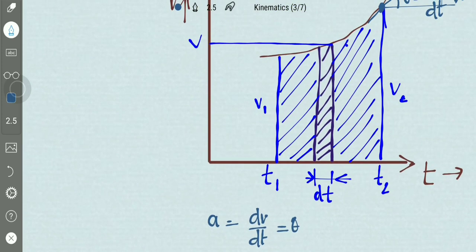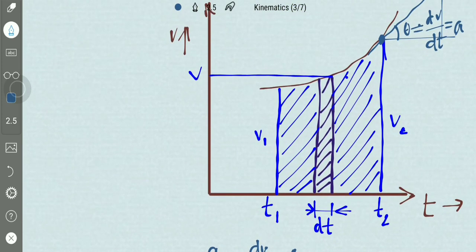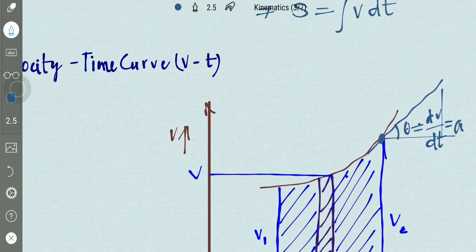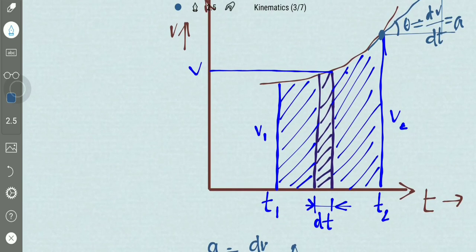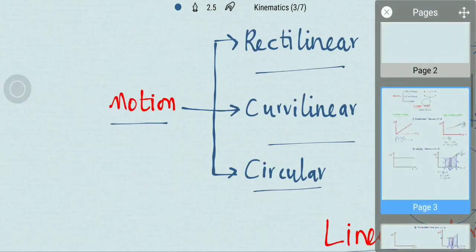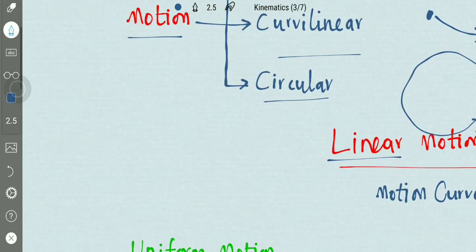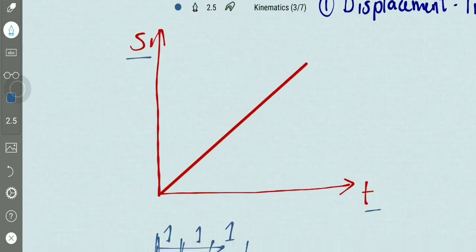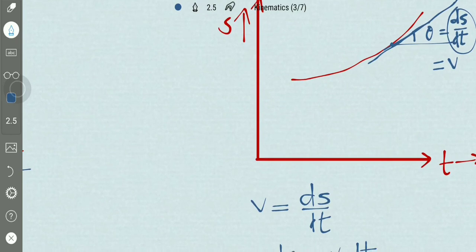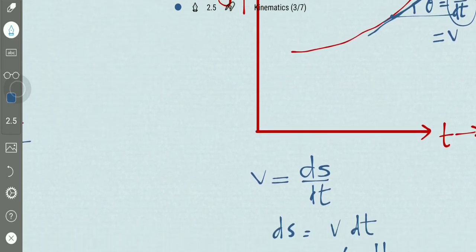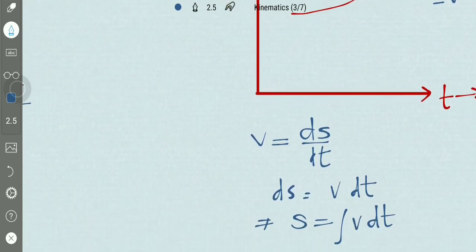If you find the area under this curve, it gives displacement. Area under this curve gives the displacement.